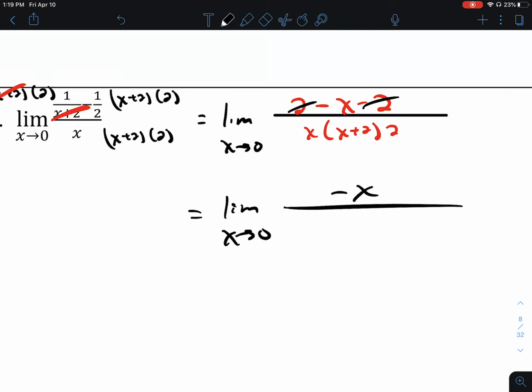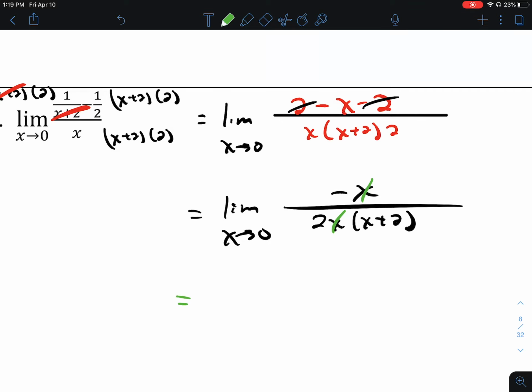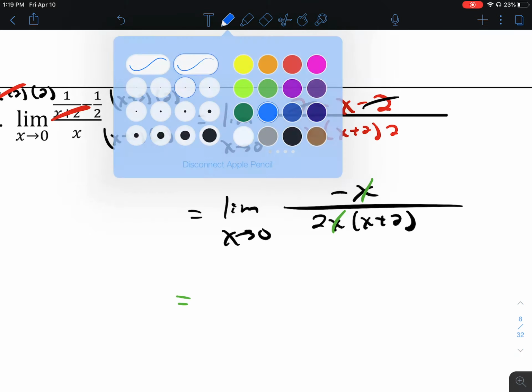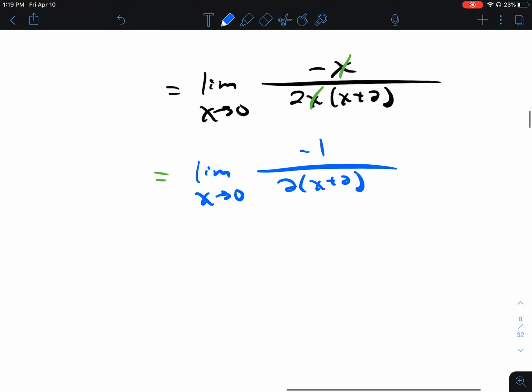So now our numerator is a negative x. Just rewriting some terms, I got 2 times x plus 2. Cancel an x from the top and the bottom. Now we have the limit as x approaches 0 of negative 1 over 2 times the sum of x and 2. If we evaluate the limit now, it's going to be defined.